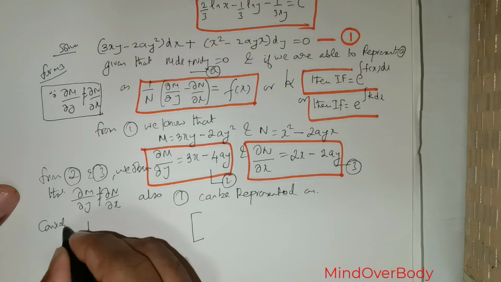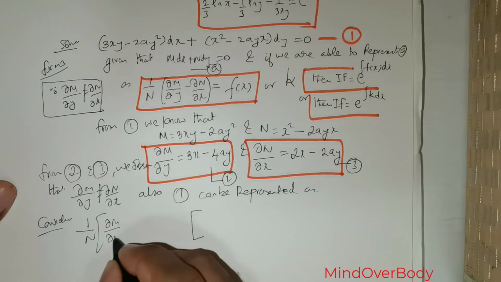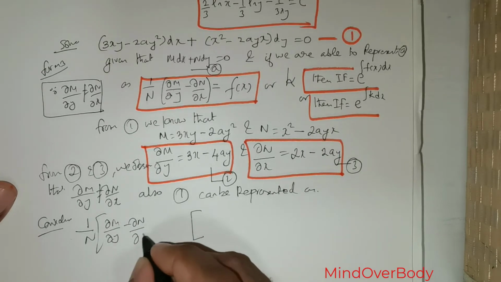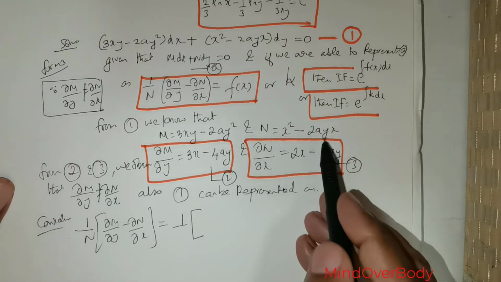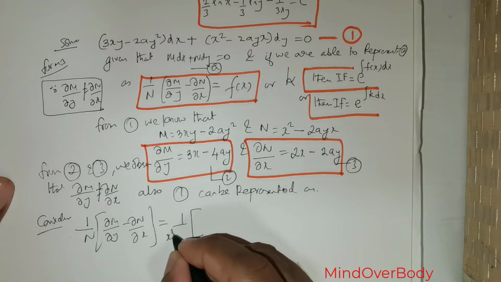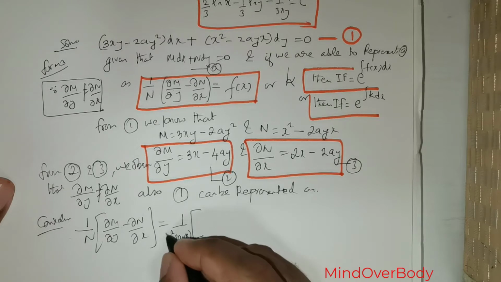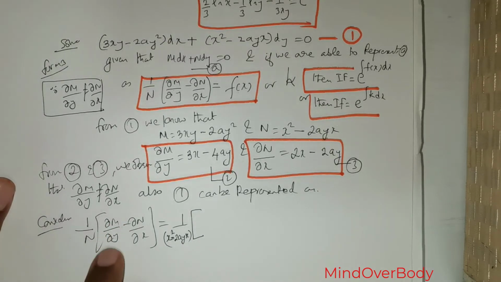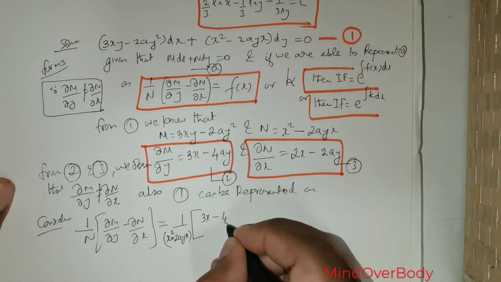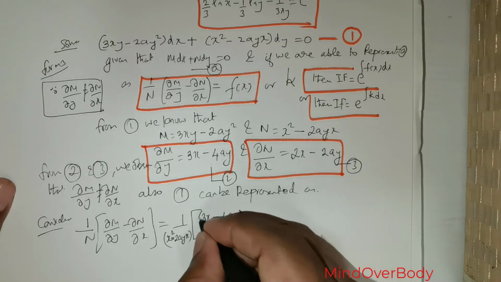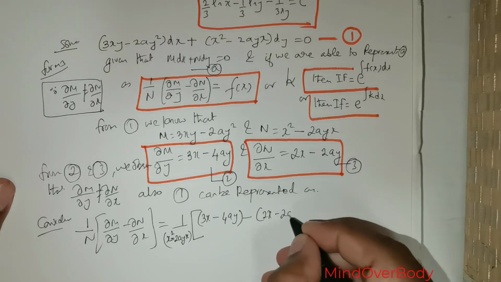Consider 1 over N times (∂M/∂y minus ∂N/∂x), which is equal to 1 over my N. My N is this, so let me write that down. x squared minus 2ayx, right? So ∂M/∂y is this, 3x minus 4ay, followed by a negative sign, and ∂N/∂x is this, 2x minus 2ay.